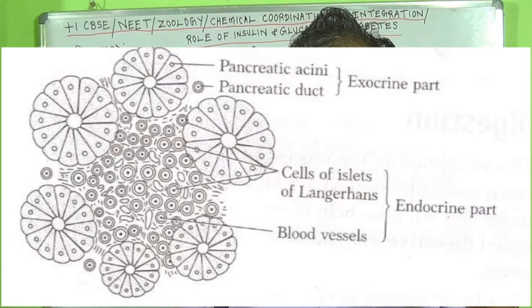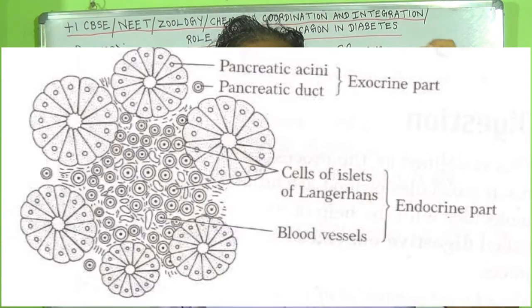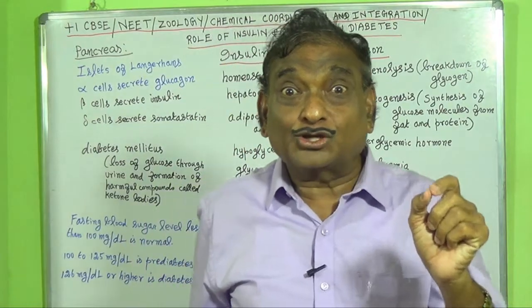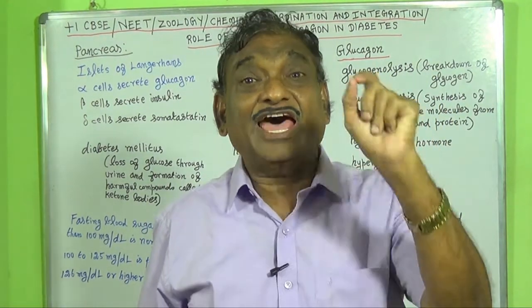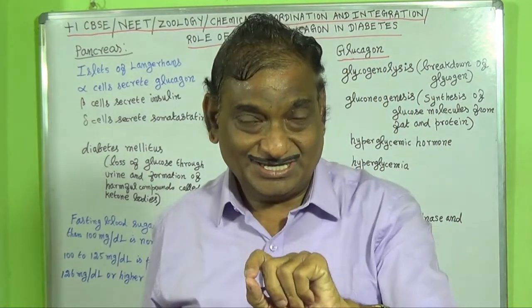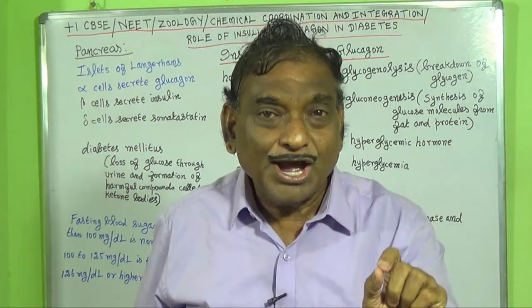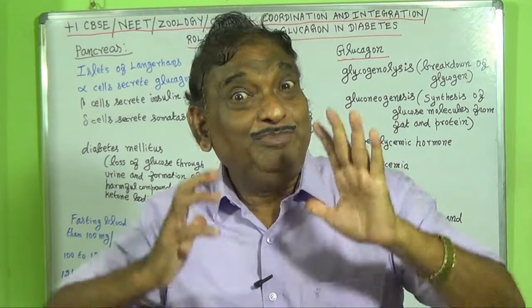If you see the diagram of a section of the pancreas, you can get an idea of the islets of Langerhans, the exocrine part and the endocrine part. There are two main types of cells in these islets of Langerhans. They are alpha cells and beta cells.